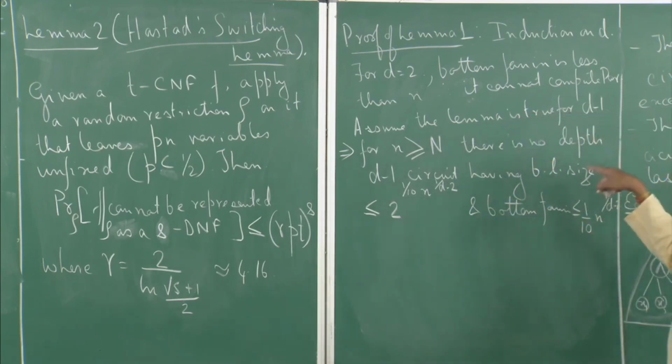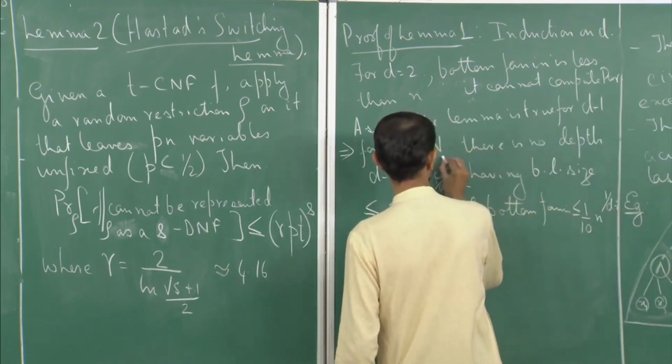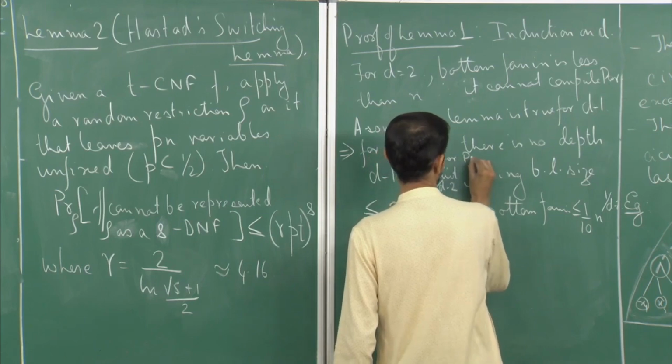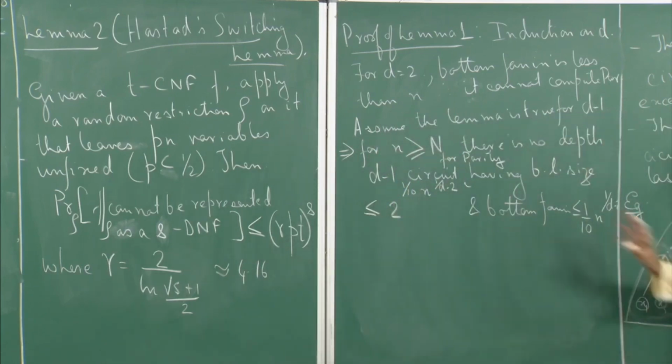So, there is no depth D minus 1 circuit computing parity, right. So, suppose this is true for all D up to D minus 1.